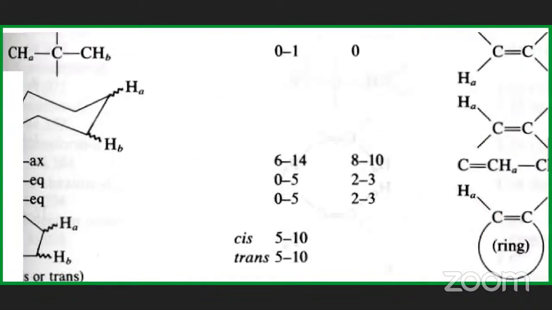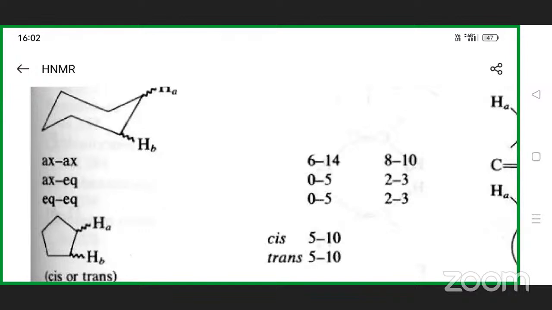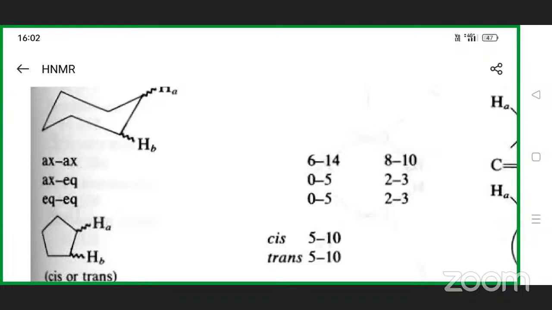For axial and equatorial, the orientation of the bond matters: axial means downwards and equatorial means upwards, so one is upwards and one is downwards, and the configuration is different.